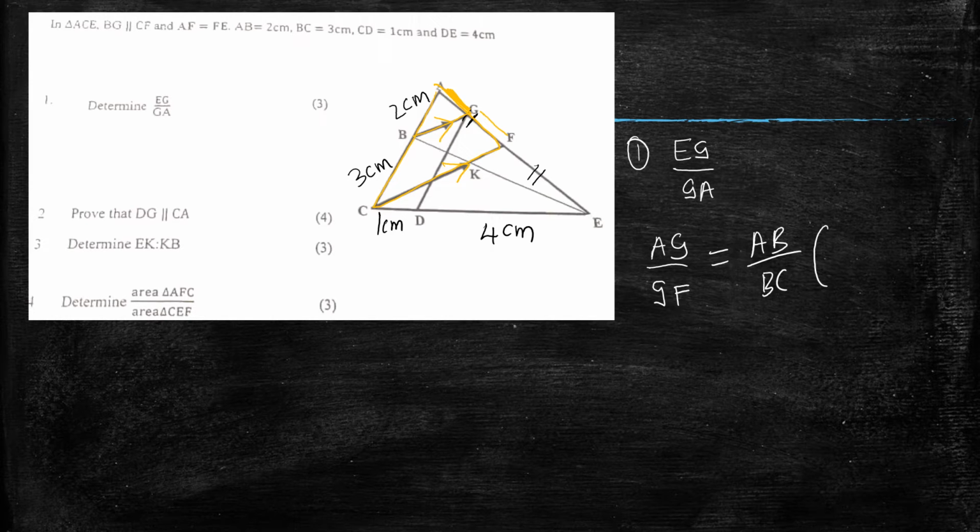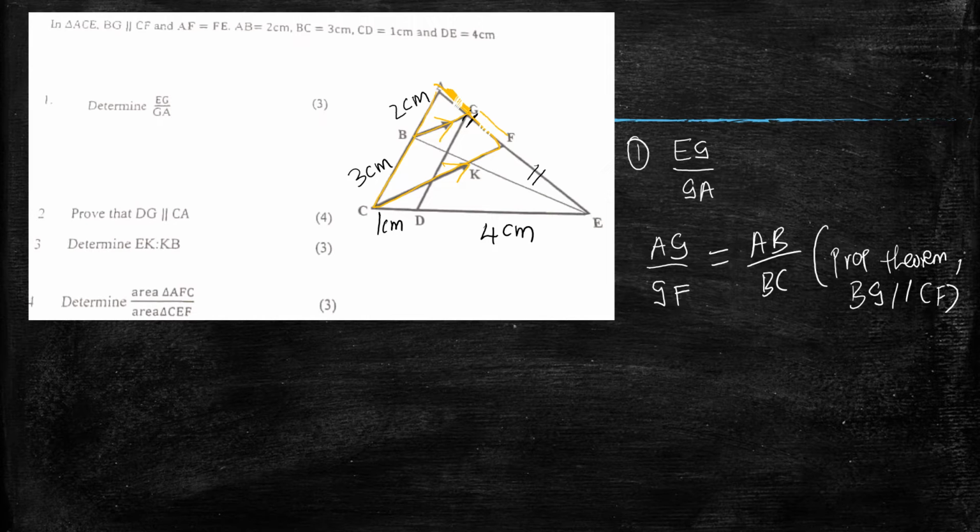Why are we saying this? Because there's a line drawn parallel to one side of a triangle. In other words, we can apply the proportionality theorem, and also don't forget to tell them the sides that are parallel, because BG is parallel to CF. So that's why we are saying AG over GF is equals to AB over BC.